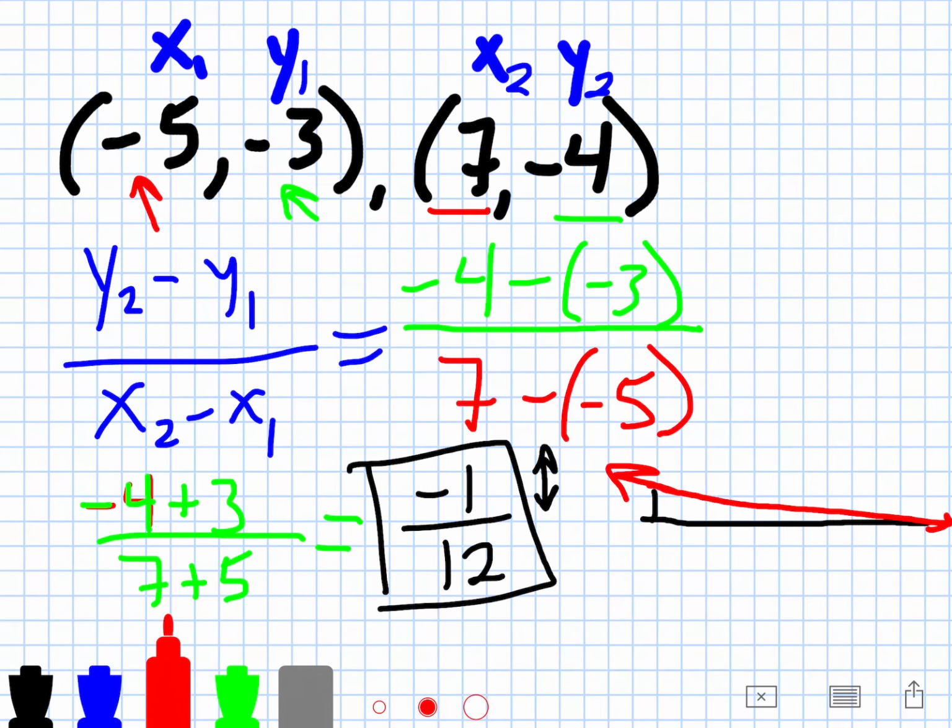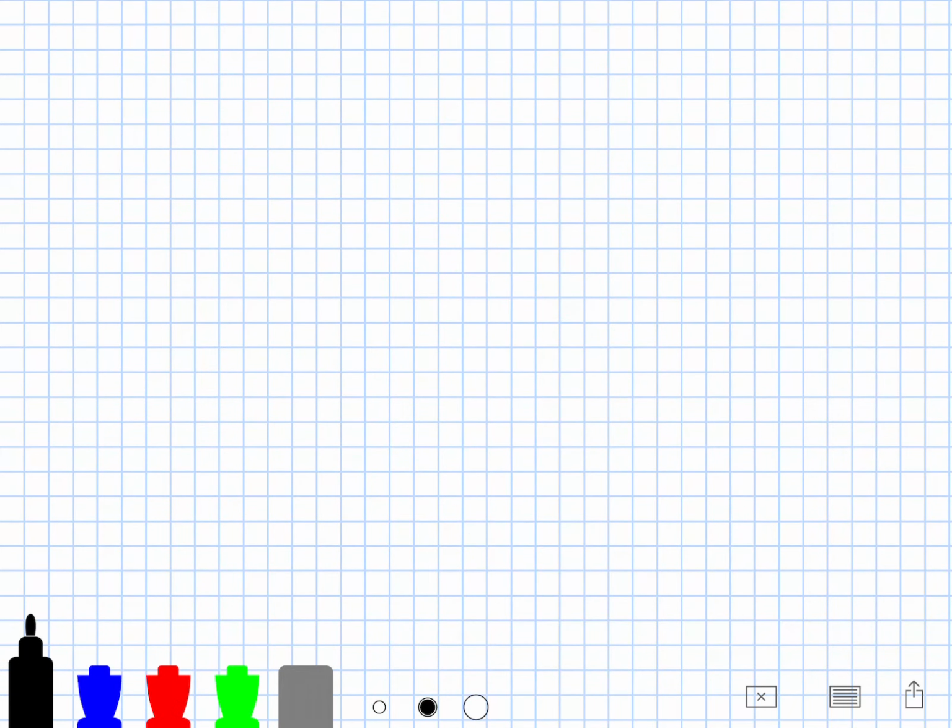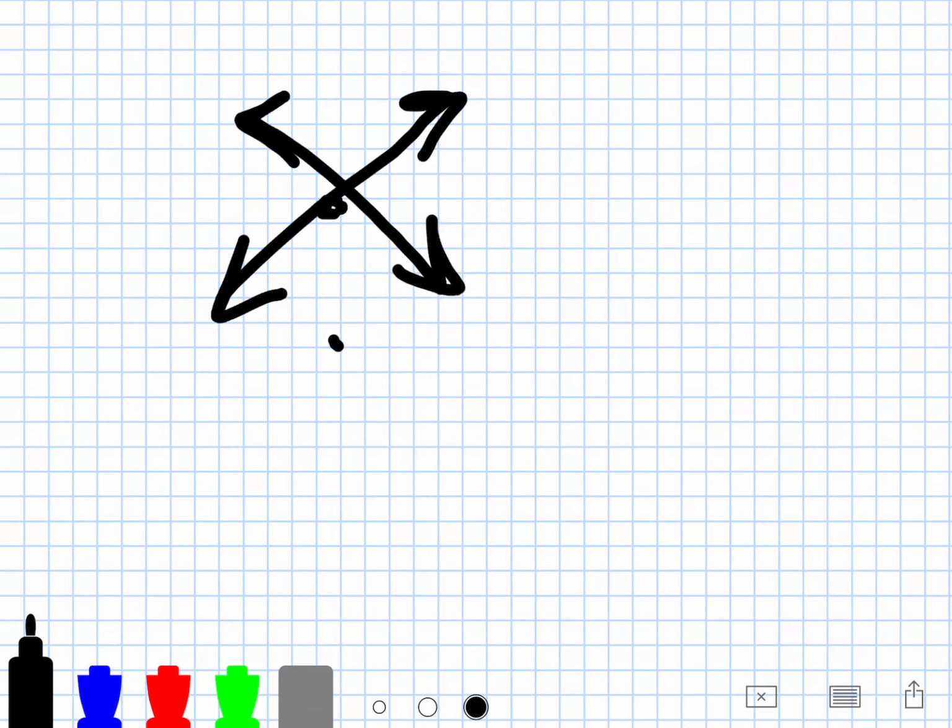So moving on, let's think about this another way. Why did they give us 2 points to find slope? Well, that's because if you have one dot, you can draw a bunch of different lines through it, right? Let's pretend that I'm actually drawing the lines through it.